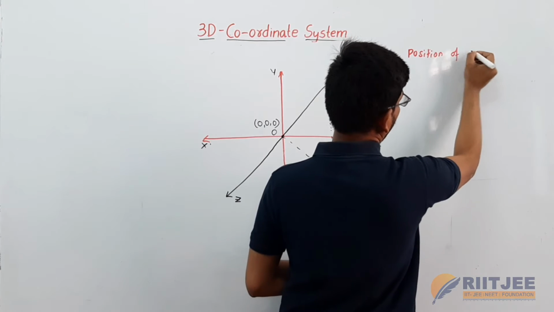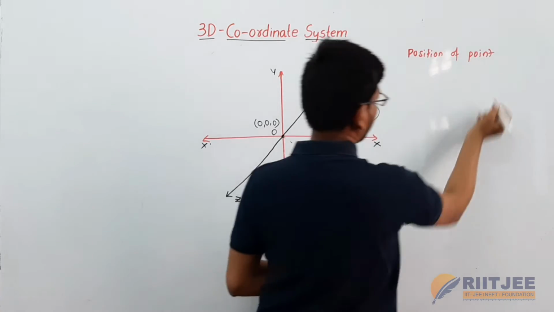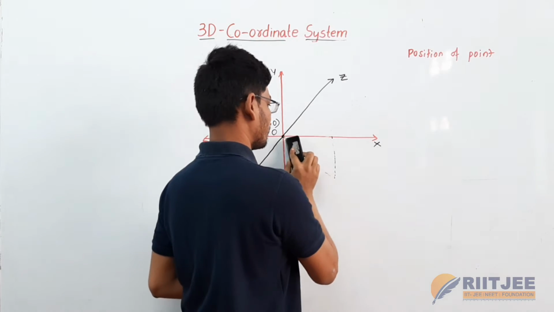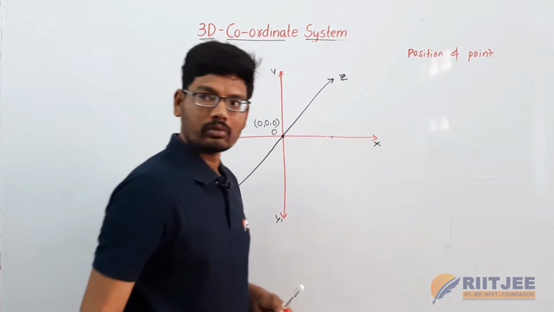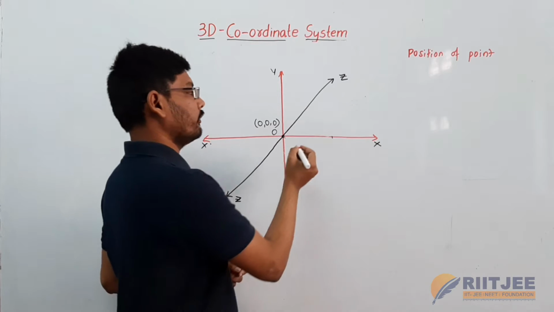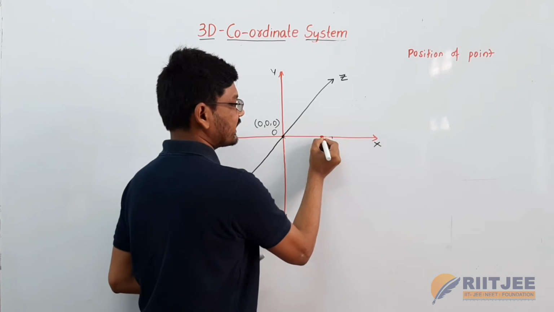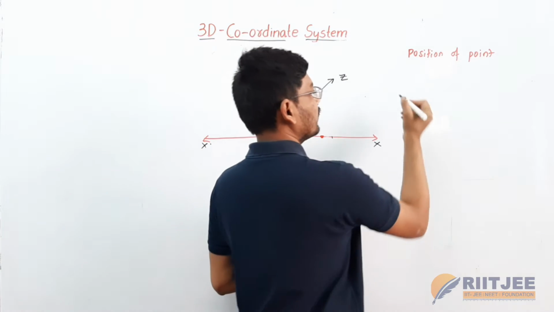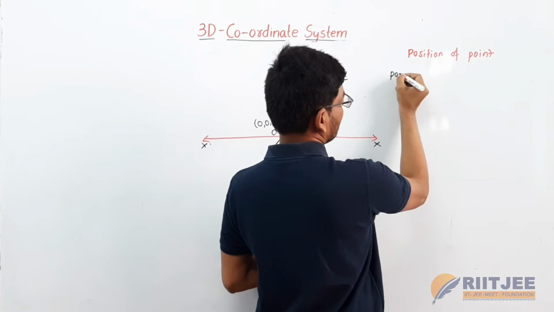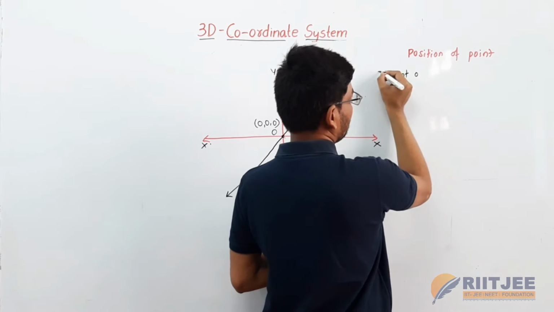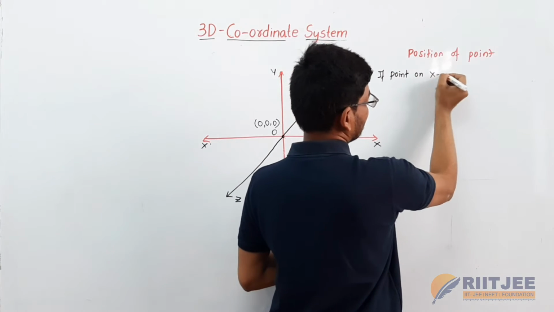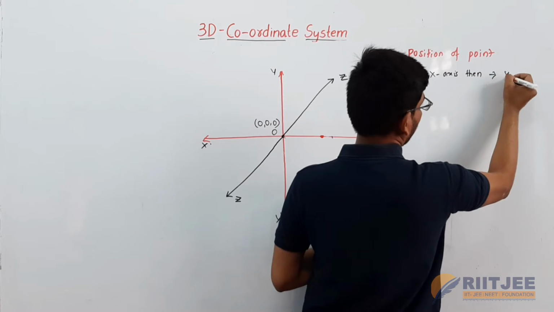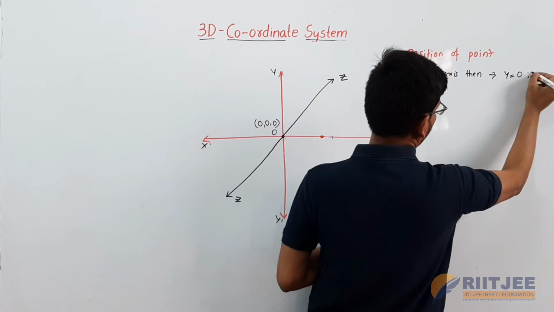Position of a point in this 3D coordinate system. If a point lies on the x-axis, then the y coordinate and z coordinate will become 0.